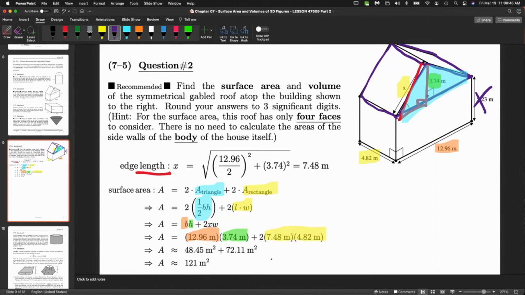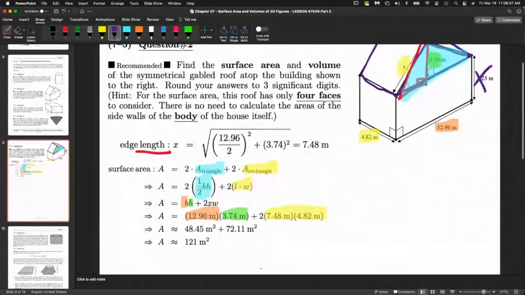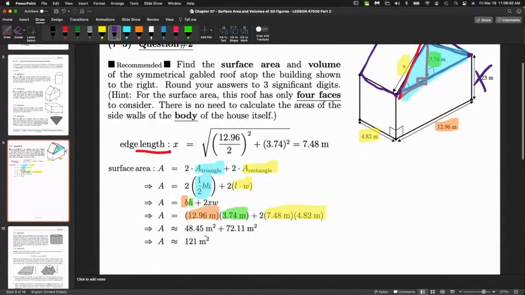So once you have those quantities, you virtually are done the question in terms of the surface area. And hopefully you took your time and you got an answer of 121 square meters. Finding the volume of this roof is a prism. So the volume is a prism shape.